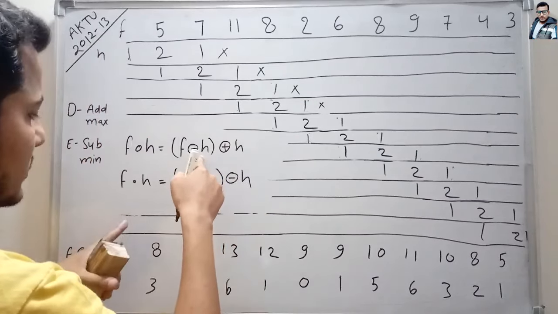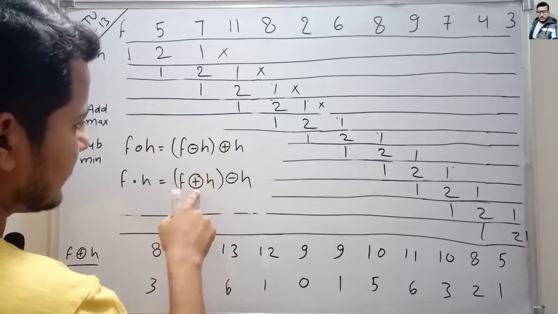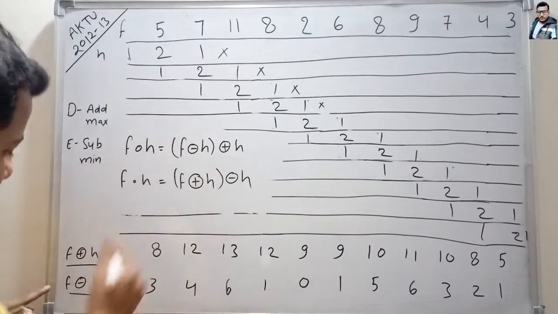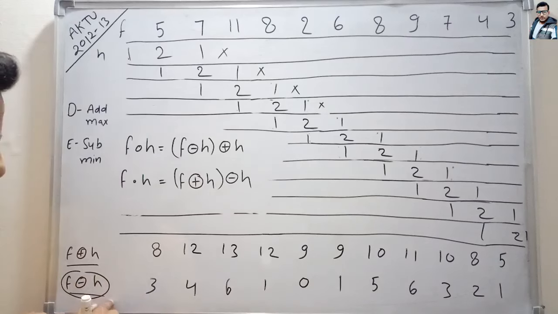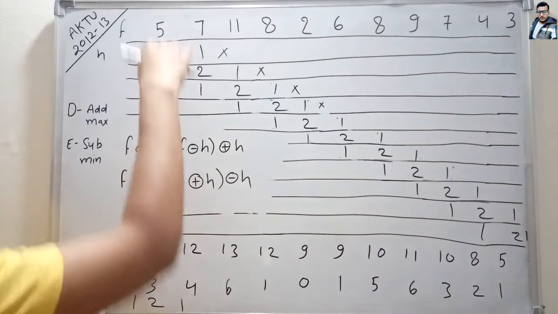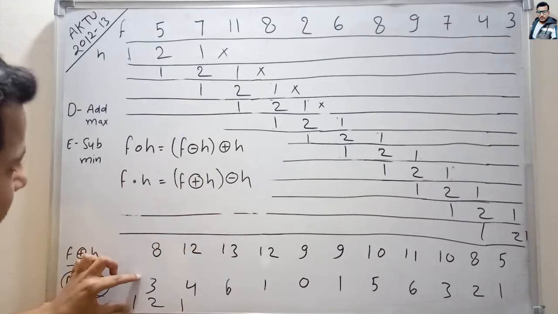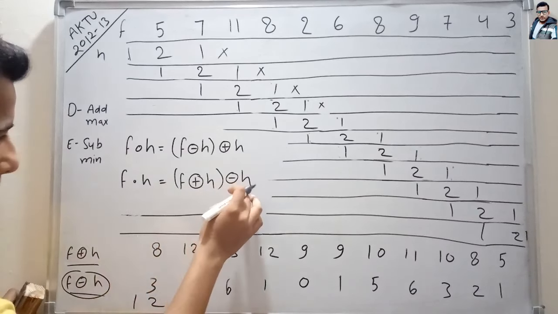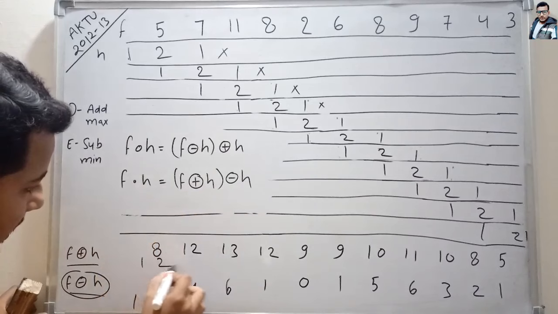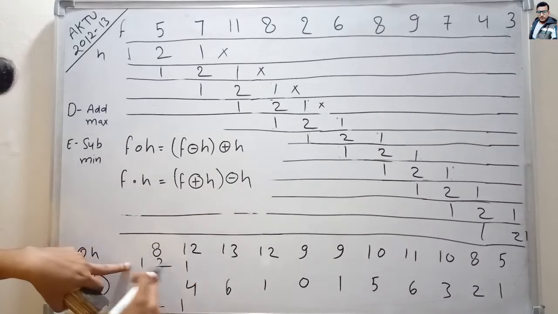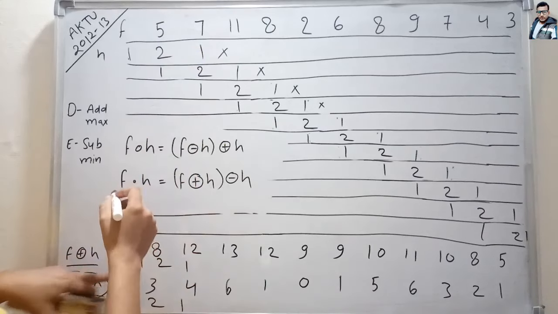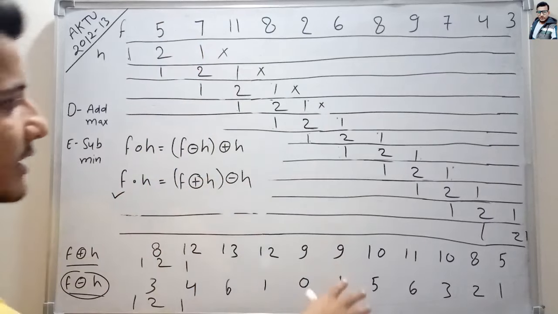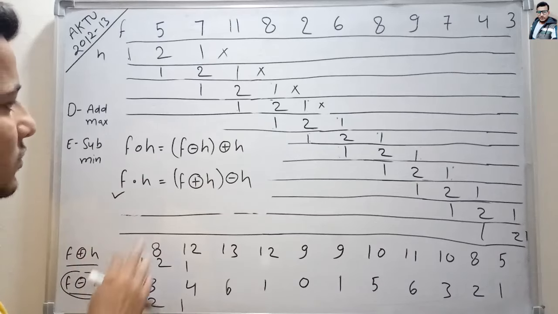To find the opening, we take the erosion of f by h and do the same thing with these two, and then we will find the opening. For closing, we take the dilation of f by h and this h, and do the same thing, then we will have the closing. It is very simple, so I will not do this. So this is a very simple method of finding the dilation, erosion, opening and closing.